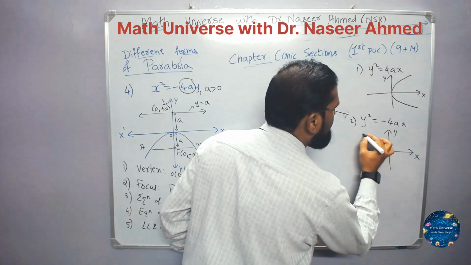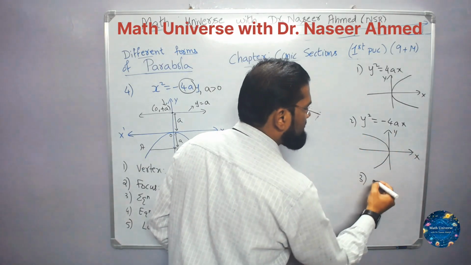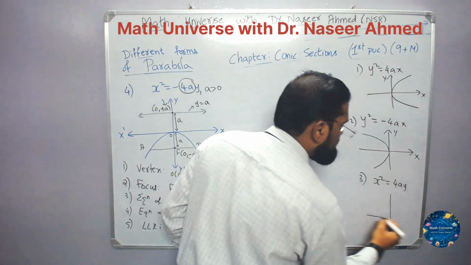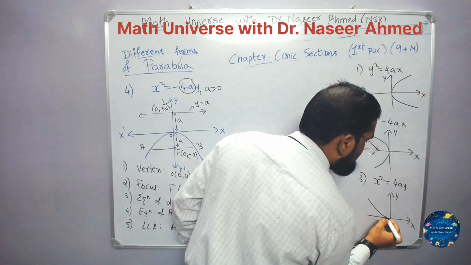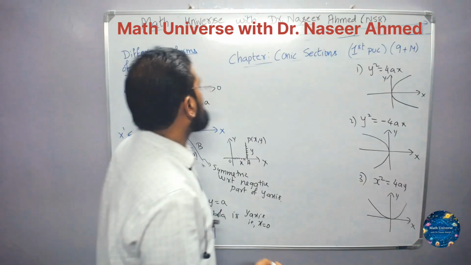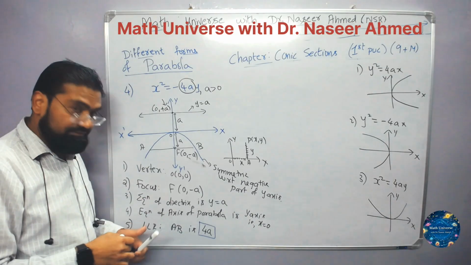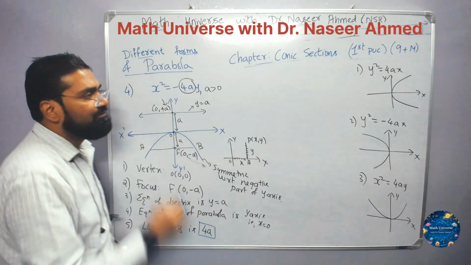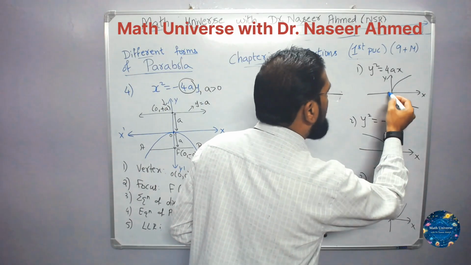Then the third one was x squared equal to 4ay, and this was a U-shaped graph. All are English alphabets. And this one is an N-shaped graph. One thing common you see now: all the graphs are passing through the origin.